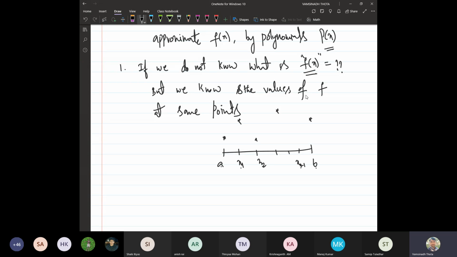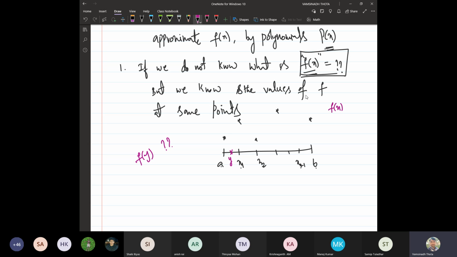Now suppose we have some approximate polynomial p of x. Since we do not know the function exactly, if I ask what the function value f of y is at this point y, we do not know.